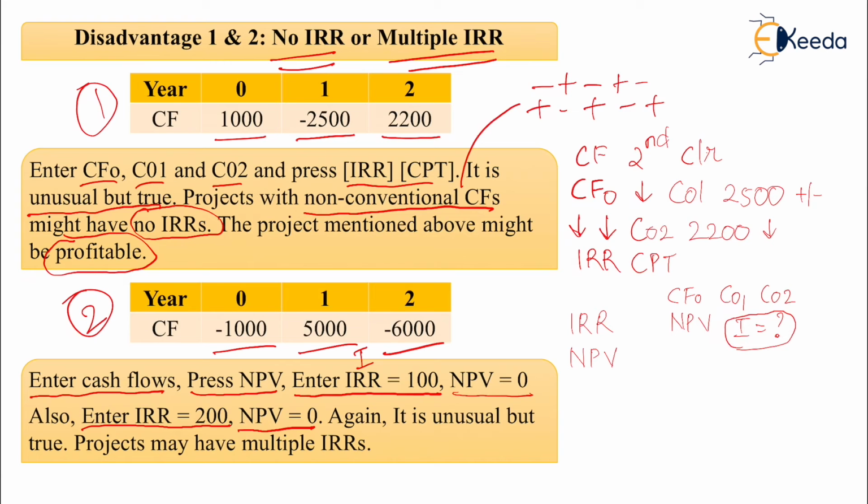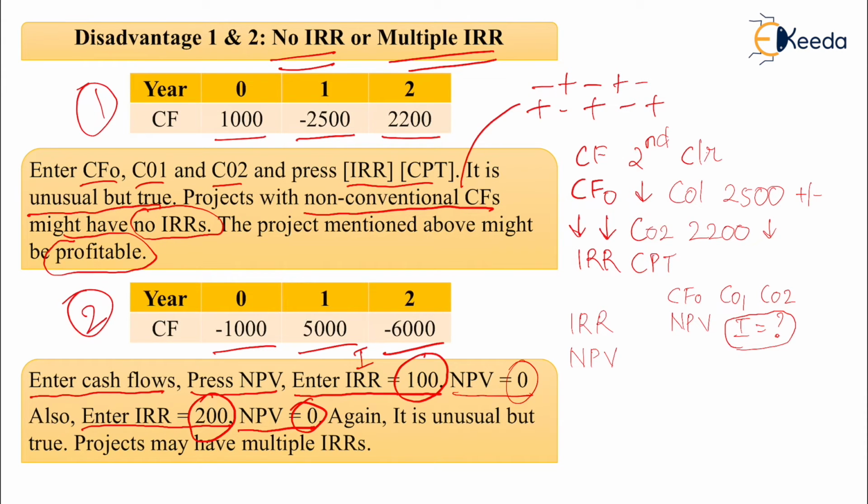Do trial and error: enter I equal to 100 first, down, compute, you get NPV as 0. Then again press NPV, I equal to 200, enter, down, compute, you get again NPV of 0. So it is unusual but true.